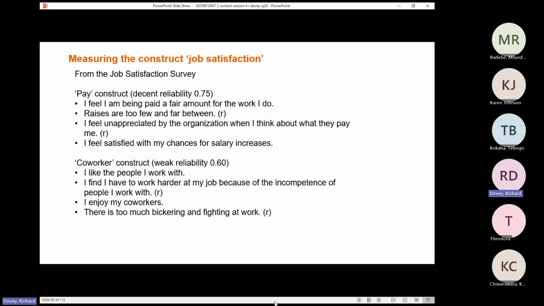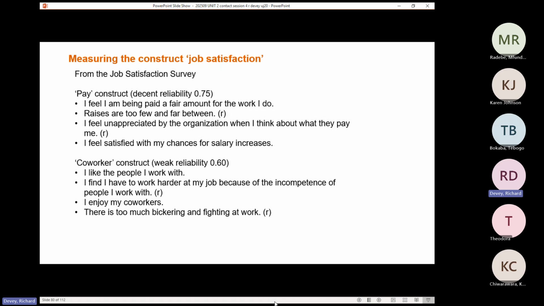So you're going to agree with I like the people I work with, but then you're going to disagree with I find I have to work harder, because you don't have to. So that's why this construct is not working to give good reliability. And also the last statement, there's too much bickering and fighting at work. You might say you like the people I work with, and you're going to agree with that because there's not much bickering and so on.